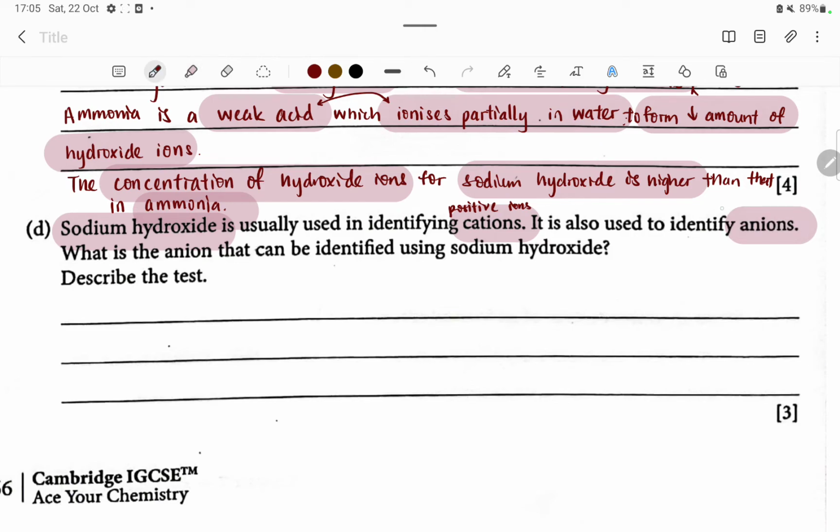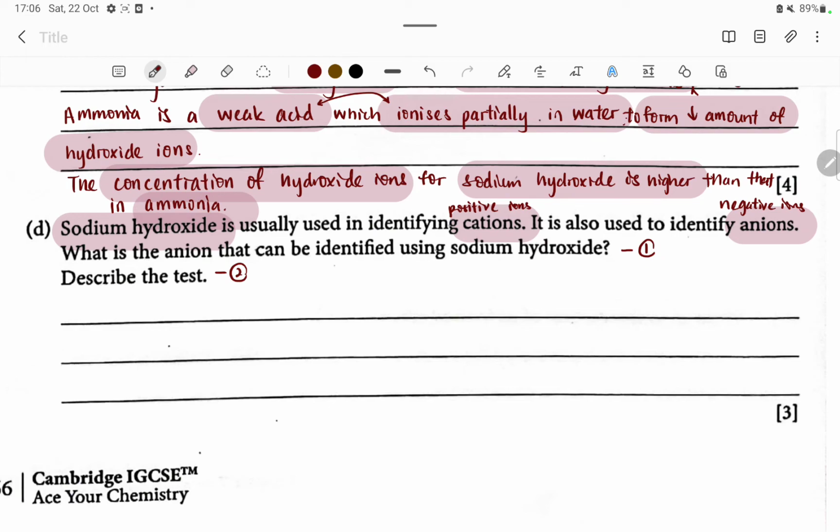Negative ions. Okay. What is the anion that can be identified using sodium hydroxide? And then this one, we will get 1 mark if we get the anion correct. And then describing the test, 2 marks. If this one wrong, this one will be wrong. So have to be careful.